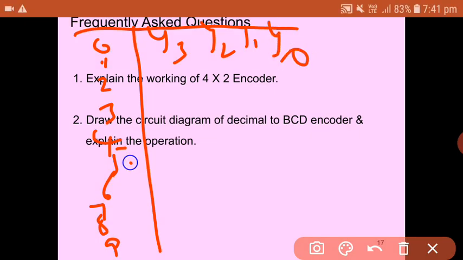For 5 the output will be 0 1 0 1. For 6 the output will be 0 1 1 0. For 7 the output will be 0 1 1 1. For 8 the output will be 1 0 0 0. For 9 the output will be 1 0 0 1.